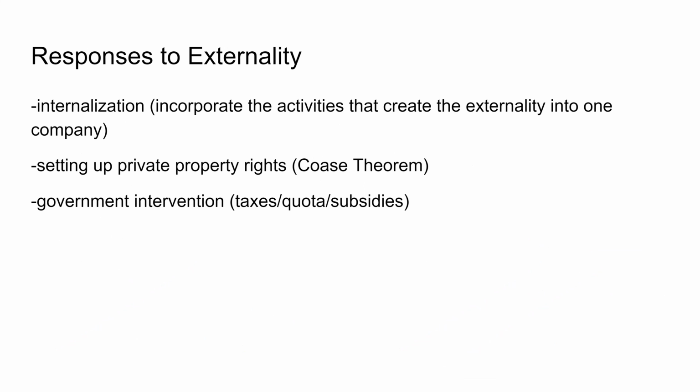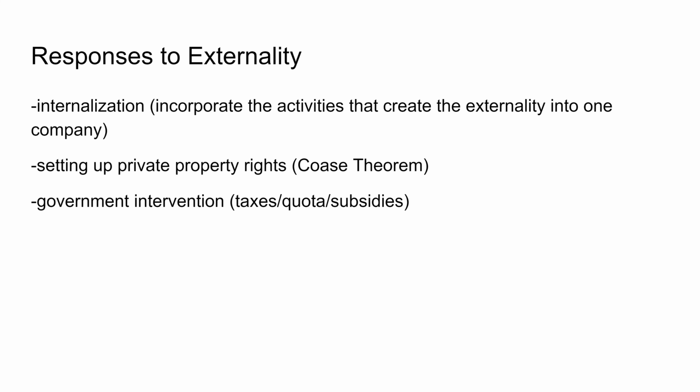And responses to externality. There are 3 responses that we use to help solve the issues of externality. The first of these is internalization. Basically, you incorporate the activities that create the externality into one company. So for example, a farmer can both have his crops and maybe a bee farm. That way you combine both activities into one company.